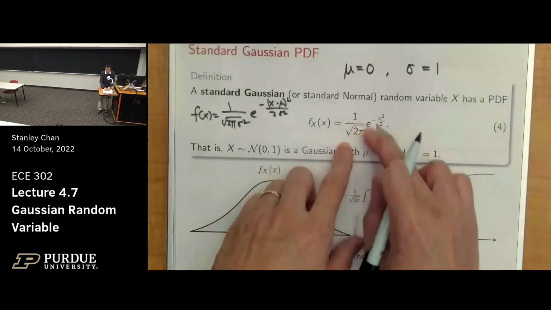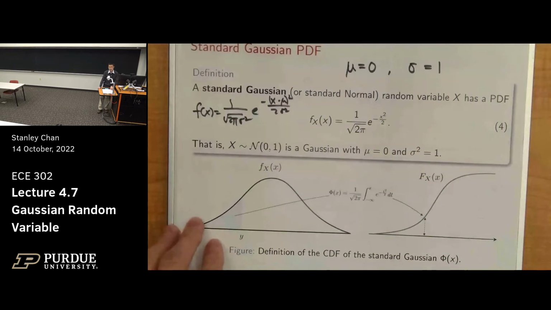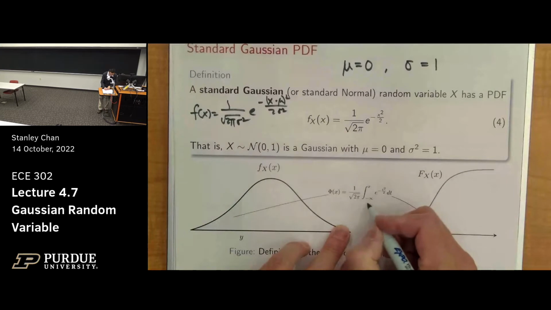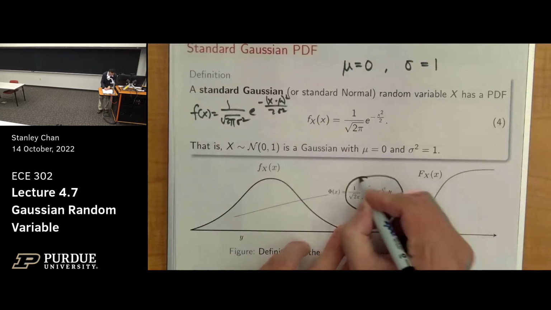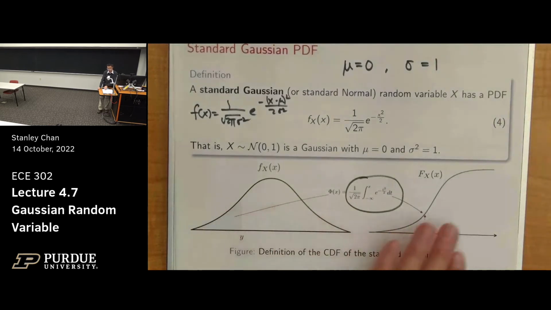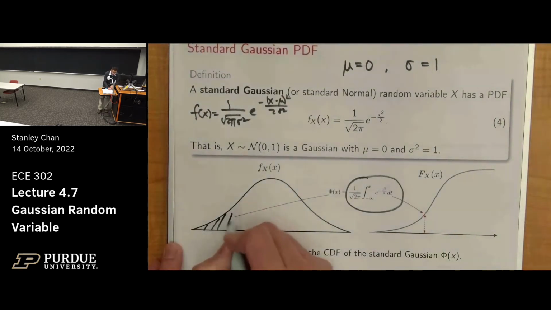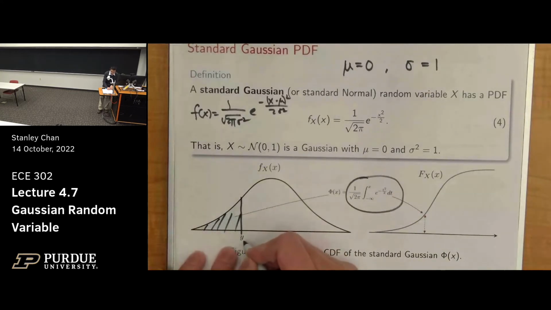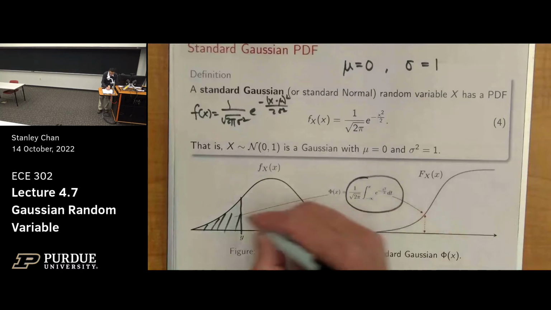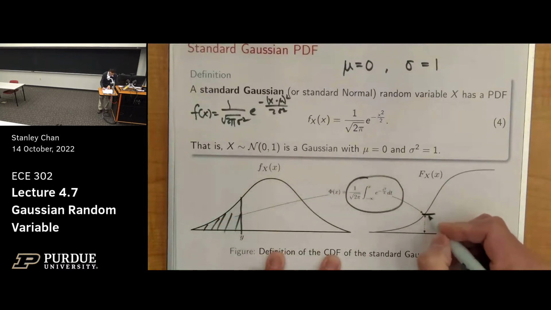In this Gaussian PDF, I can take the integration, I can take the cumulative sum, which is this integration from minus infinity to a point x. Then I can convert this PDF to the CDF, where this area under the curve up to the point, let's say here, up to the point y, I can convert into the height.